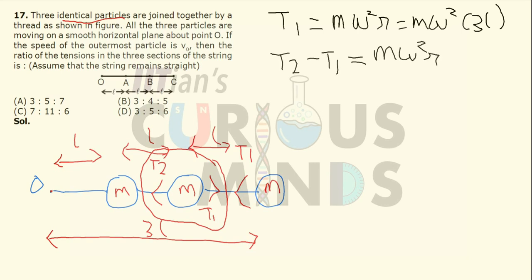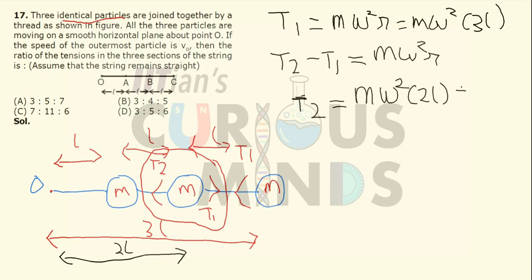Now T2 minus T1 equals m omega square r, where r here is 2L, so T2 will be equal to m omega square 2L plus T1. T1 is m omega square 3L, so T2 will be equal to 5 m L omega square.